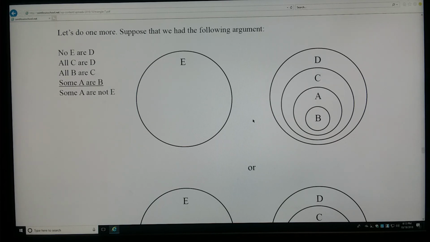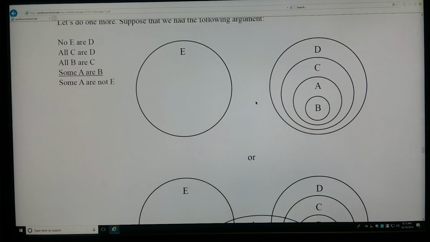In this case, in order for this particular conclusion to follow, it would have to be the case that some A are E and some A are not E. Okay, so that's not going to be true in this diagram. So this shows that the argument is invalid.